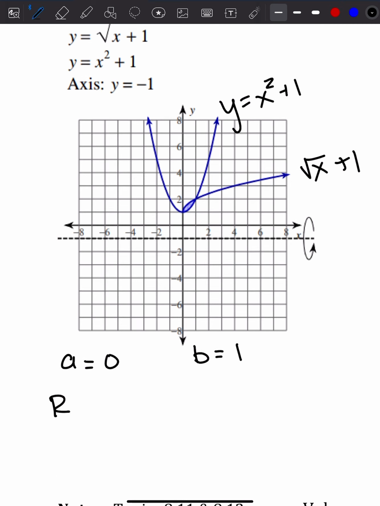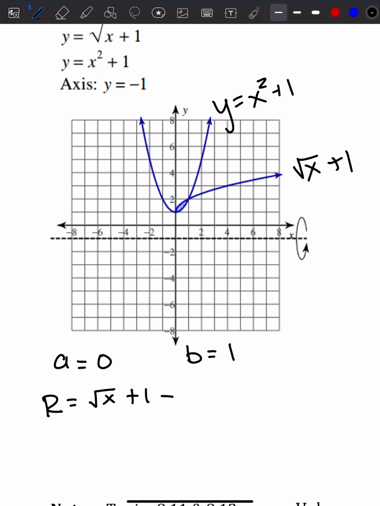Okay, big R and little r. No matter which one our equation is, we still need to subtract it from the axis of revolution. So I have the one which is farther away from the axis of revolution. Here is the parabola, here is the square root. So the square root is the one that's farther away. So I have the square root of x plus 1, and then we need to subtract that axis of revolution, so minus -1.